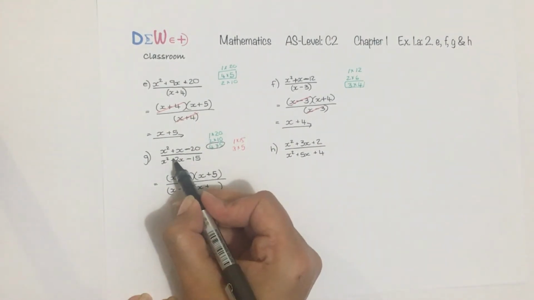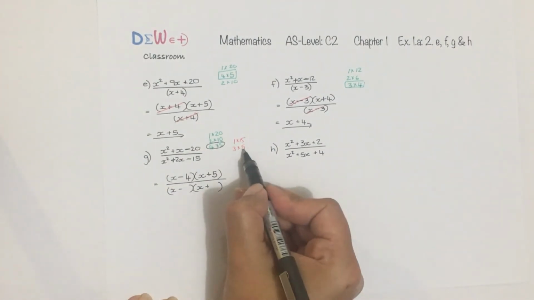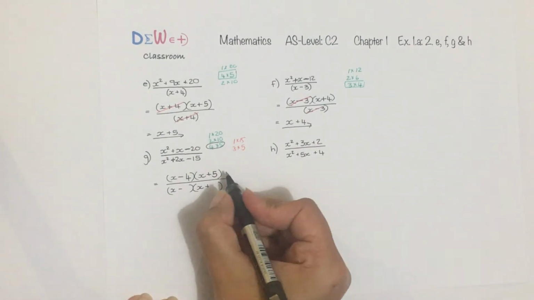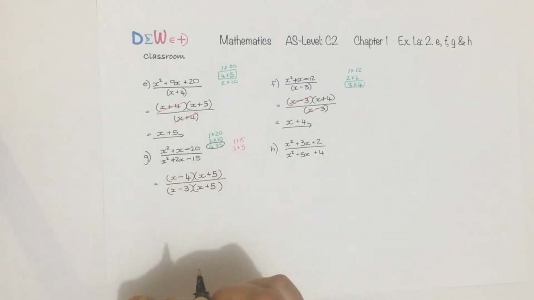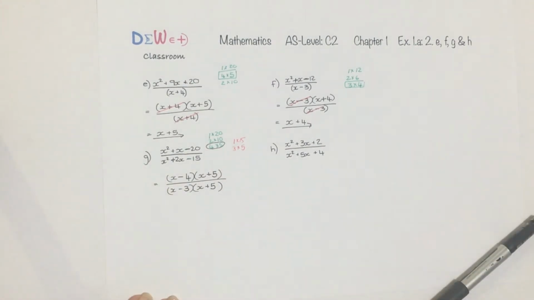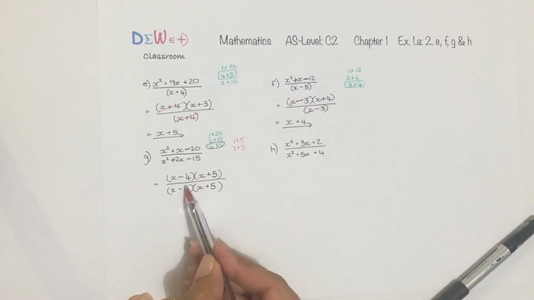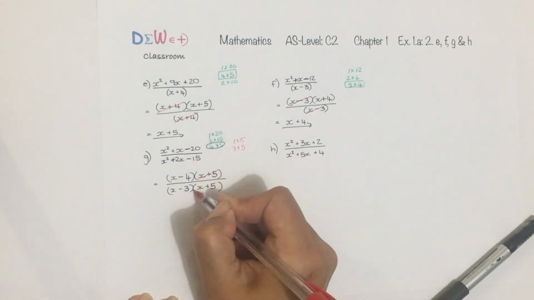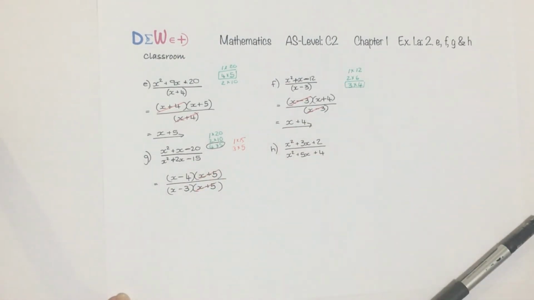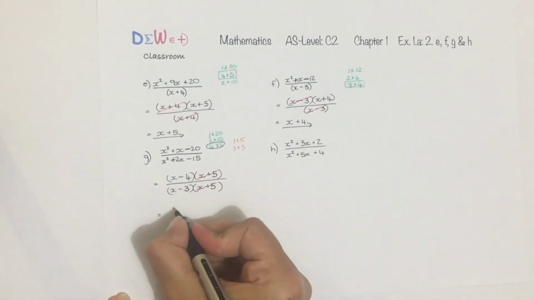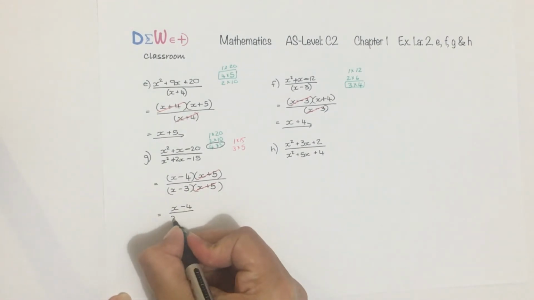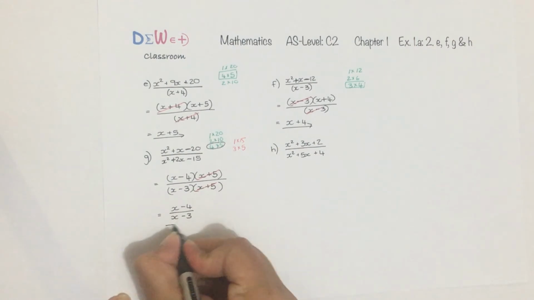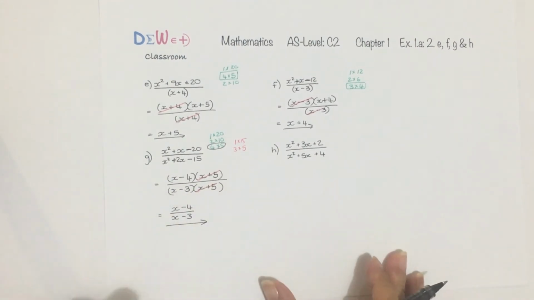So we're going to have a positive sign there, so our largest number will go in front of the positive sign, and the other one will go there. Right, now we've got two brackets that are the same and two brackets that are different. So the two brackets that are the same can cancel out, and our final answer would still be a fraction, but it would be x minus 4 over x minus 3. That is your final answer.